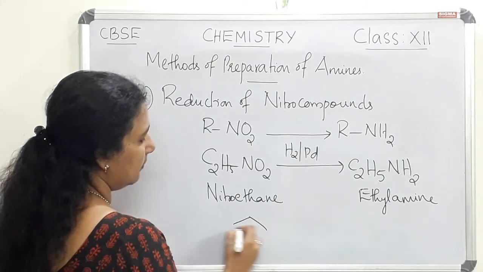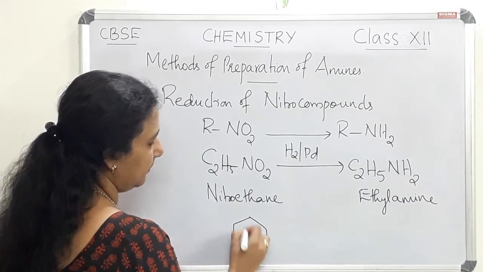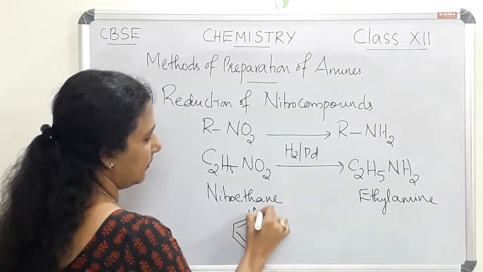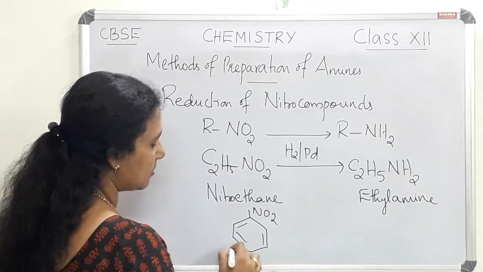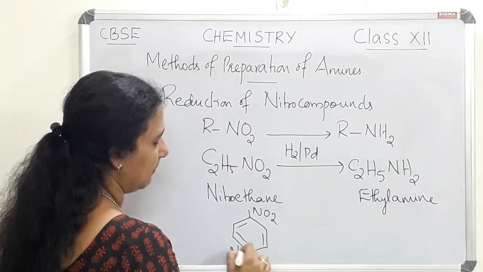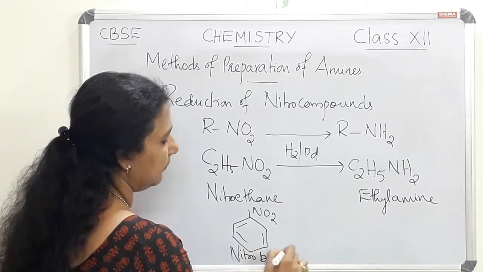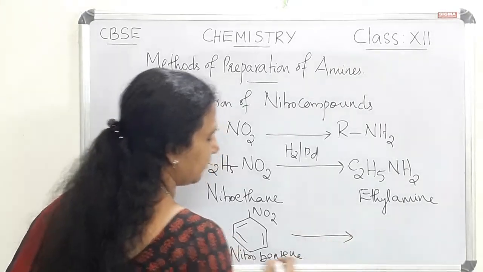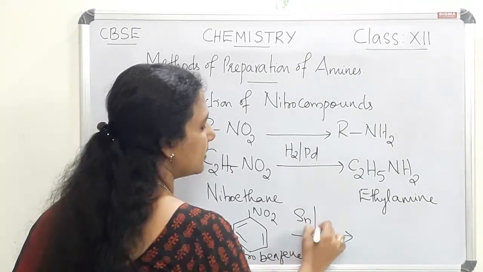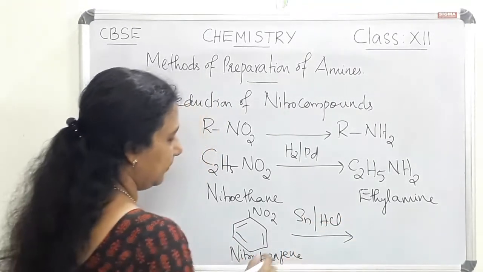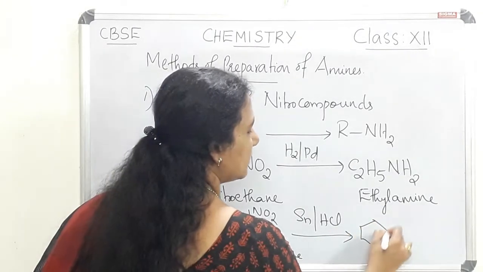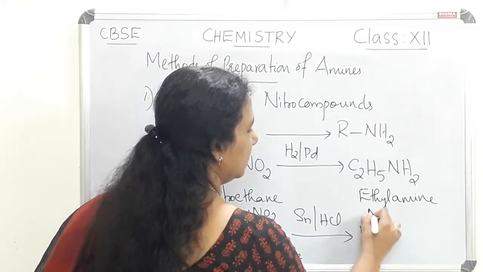We can write another example. If we are taking nitrobenzene, we can use another reducing agent Sn/HCl. We will get the corresponding amine.